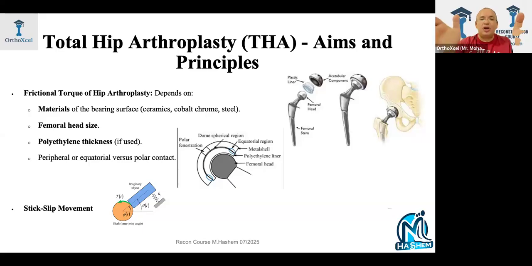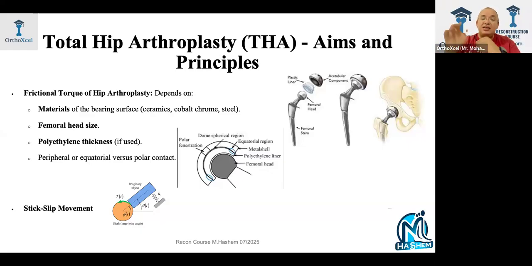Another example, you put your hip in, your cup is nicely inclined, your cup is in nice version, but you have done a very, very tight soft tissue. So soft tissue tension is high. That will definitely help the stability. With a higher soft tissue tension, the hip is stable.